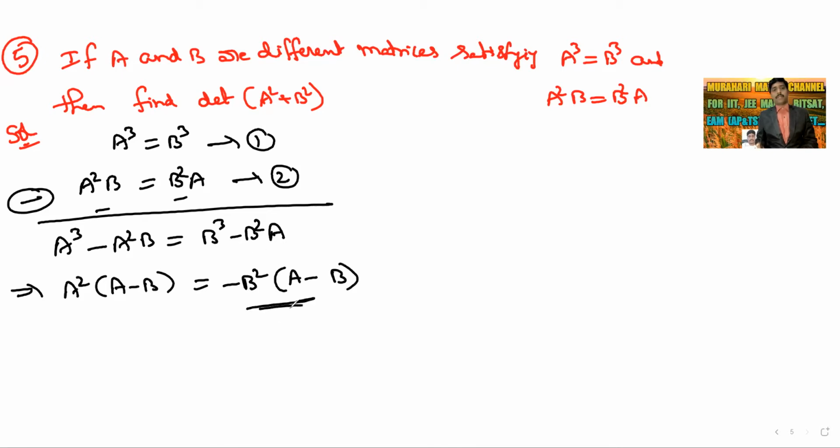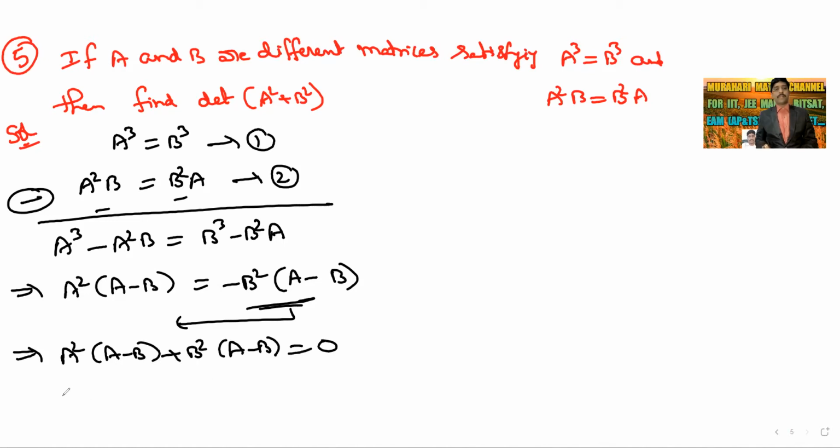This is a negative value, bring it to the left side. It will be A square into A minus B plus B square into A minus B is equal to 0. This is the 0 matrix. So in this one, take A minus B out common.